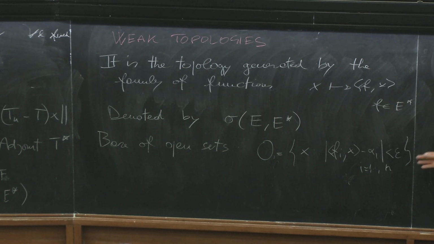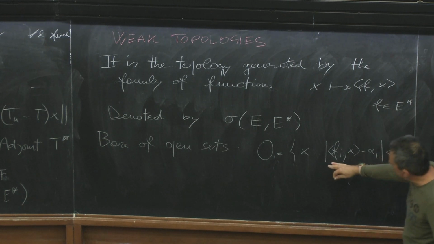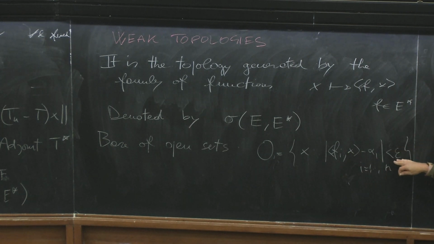These are general theory, I don't want to discuss it. We will see later. You see that these are just finite codimensional neighborhoods. So what is the advantage of this topology with respect to the strong topology?